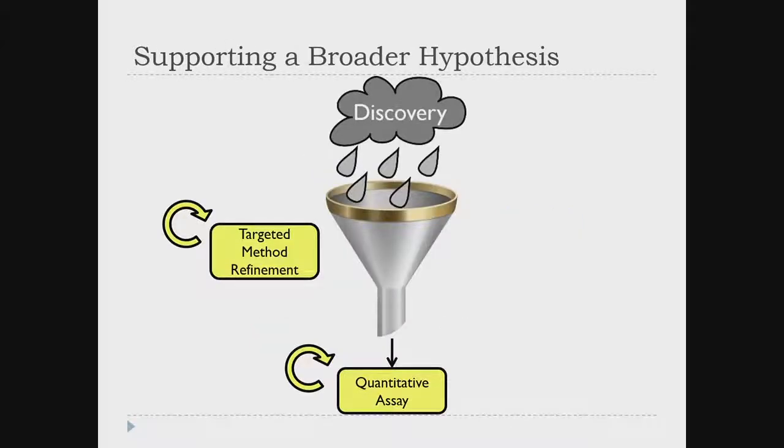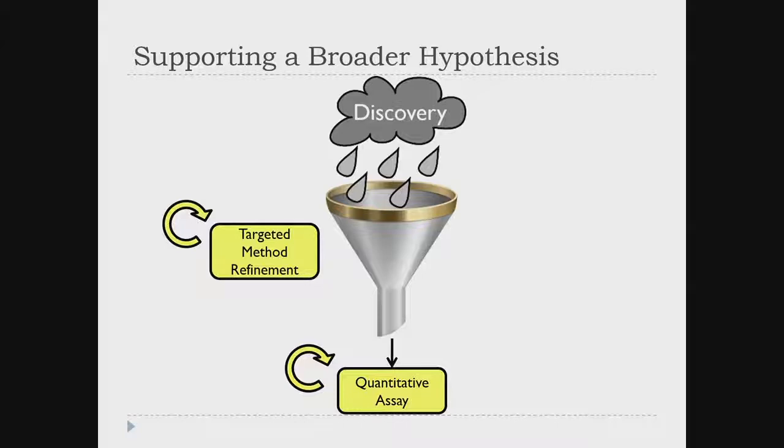In the first year of Skyline, I drew this schematic to express what we were trying to do, which was use things coming out of discovery proteomics to do this targeted method refinement cycle to produce a high-volume quantitative assay, potentially a clinical assay.